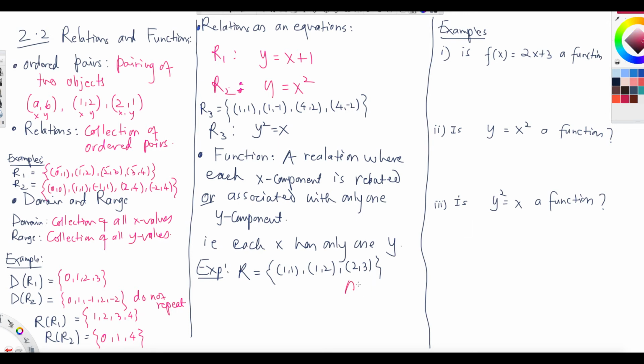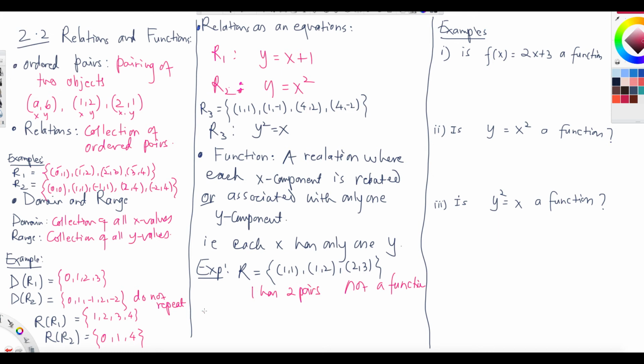Why? Each x must have only one y, only one image. Each x must have only one pair, but here 1 has two pairs. One pair has 1 and another pair has 2.